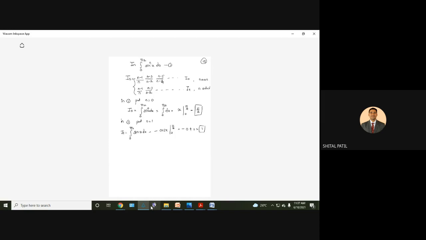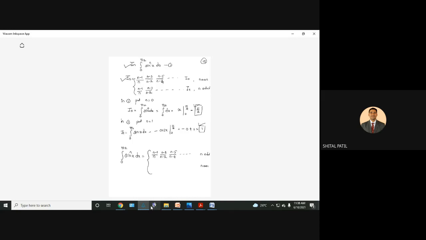So let me combine these things. Now I am writing the formula for the integration from 0 to pi by 2, a very important formula, of sine raised to n x dx. The corresponding formula is: the first few steps are the same, n minus 2, concentrate, n minus 3, n minus 4, n minus 5, and so on. If n is odd and if n is even, we have two different formulas.